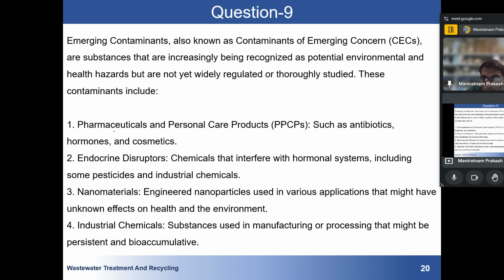These contaminants include pharmaceutical and personal care products such as antibiotics, hormones, and cosmetics; endocrine disruptors, chemicals that interfere with the hormonal system, including some pesticides and industrial chemicals; nanomaterials, engineered nanoparticles used in various applications that might have unknown effects on health and the environment; and industrial chemicals, substances used in manufacturing or processing that might be persistent and bioaccumulative.